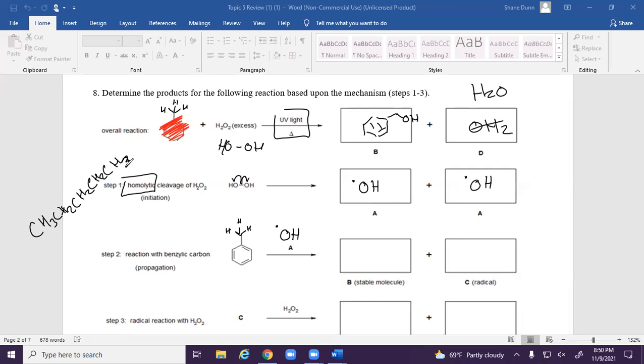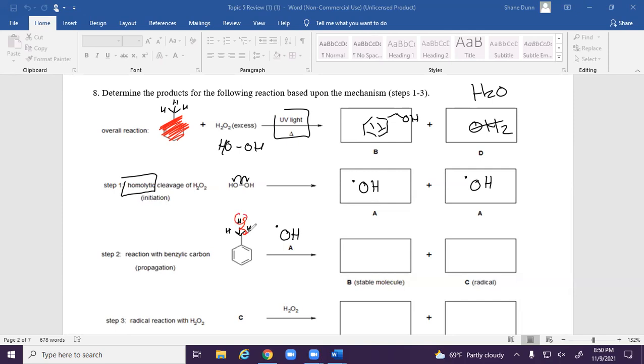Like fats and lipids are non-soluble because they're nonpolar. So carbon and hydrogen are homolytic. When they break apart, hydrogen gets 1, and that carbon will also get 1.